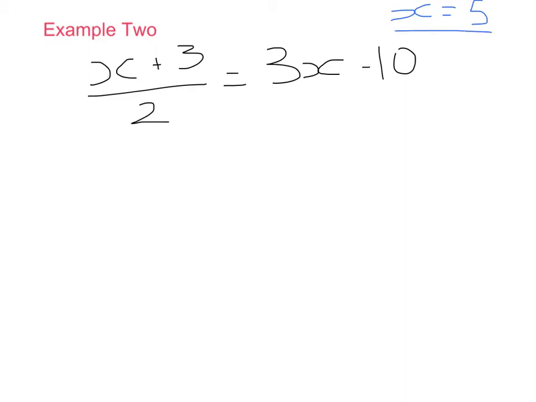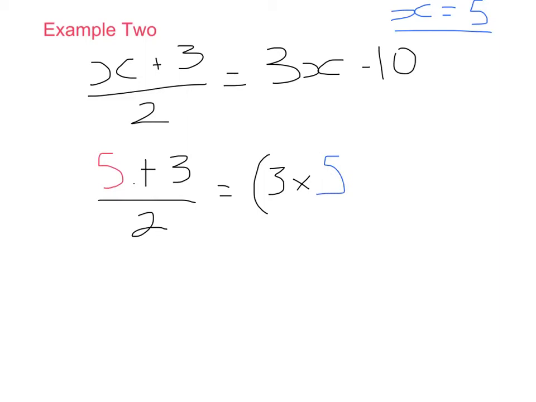Now I need to check and see if I'm correct. So this is simply a matter of substituting, guys, or putting our answer actually into the equation and replacing the x with the answer we came up with. So we would start 5 plus 3 divided by 2 is, now again remember the rule, whenever we see multiplication we put it in brackets, 3 multiplied by 5 subtract 10.